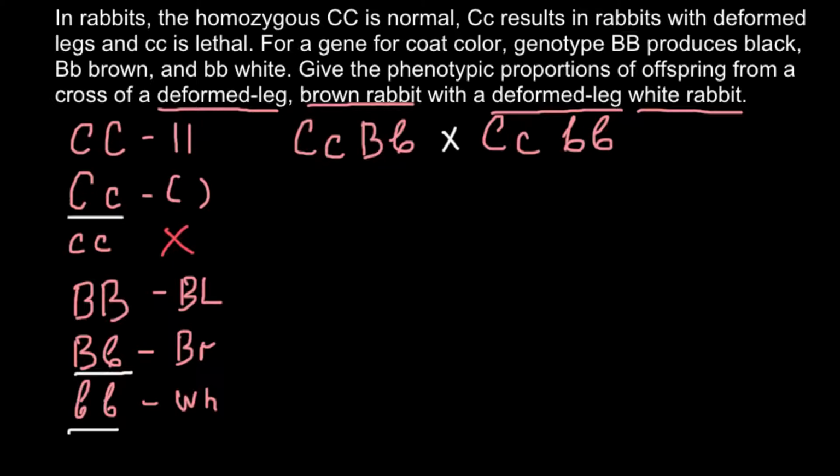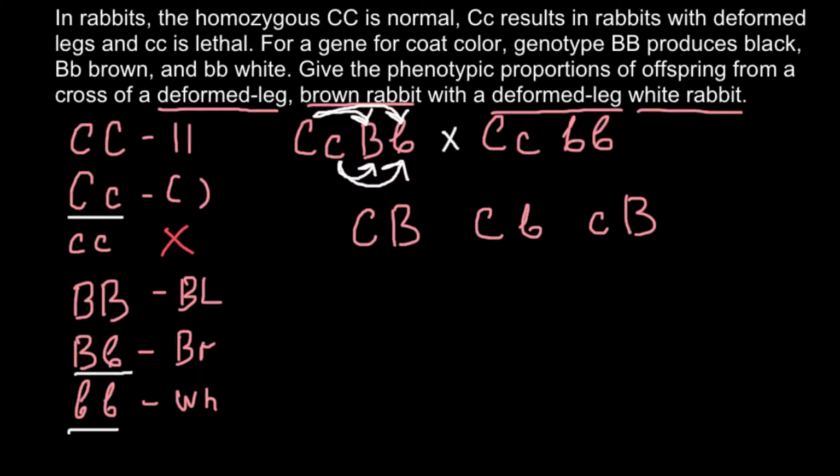This parent can make a gamete with the first combination capital C and capital B. The second would be capital C and small b. The third combination can be small c and capital B. And the last combination can be small c and small b.